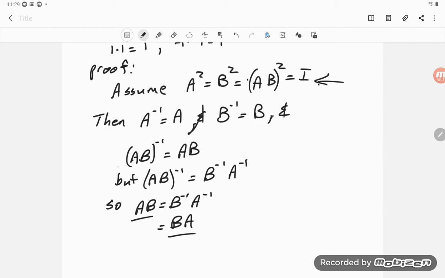And so the only real trick here was to realize that AB inverse, we also have a theorem about that, and that's B inverse A inverse. And so putting those together gave us what we needed, and using the fact that each matrix was its own inverse, we got it.